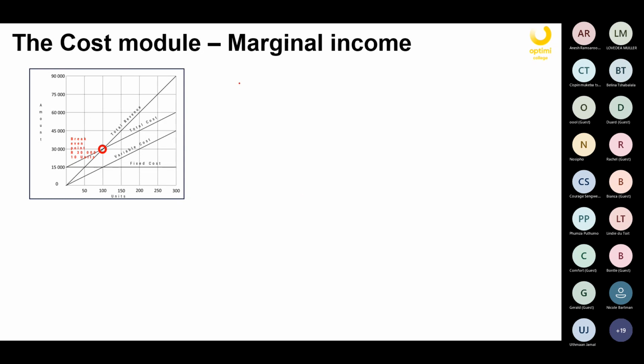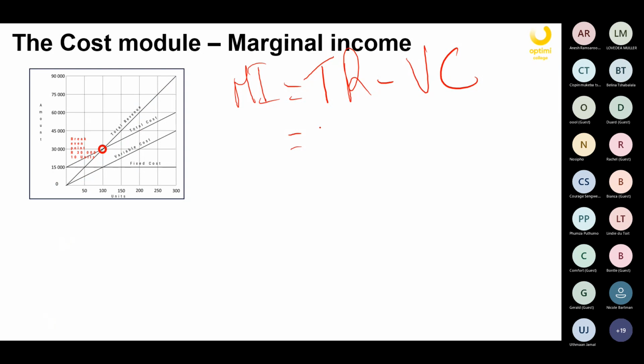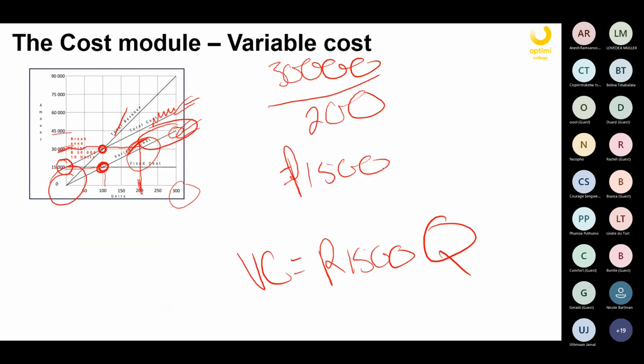Marginal income equals total revenue minus variable cost. Again, I don't have to go and work anything out. I can read it off. Total revenue is 3,000 Q. Variable cost is, I think it was 1,500 Q.